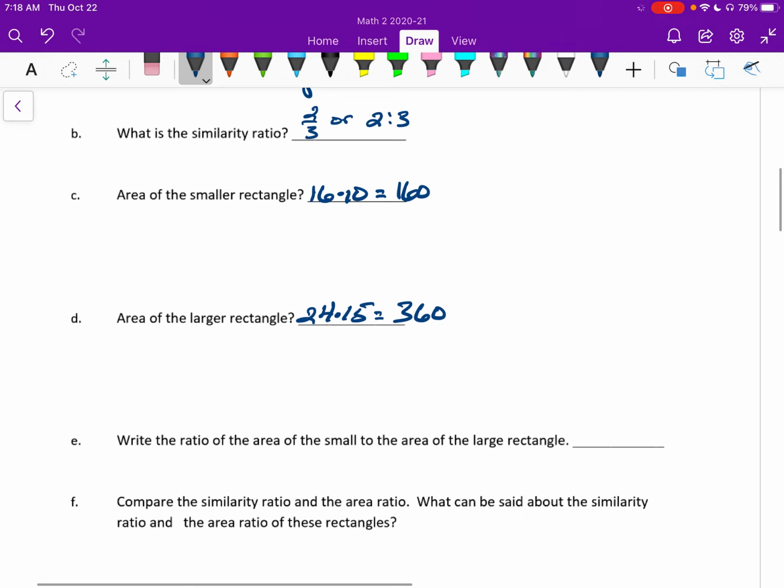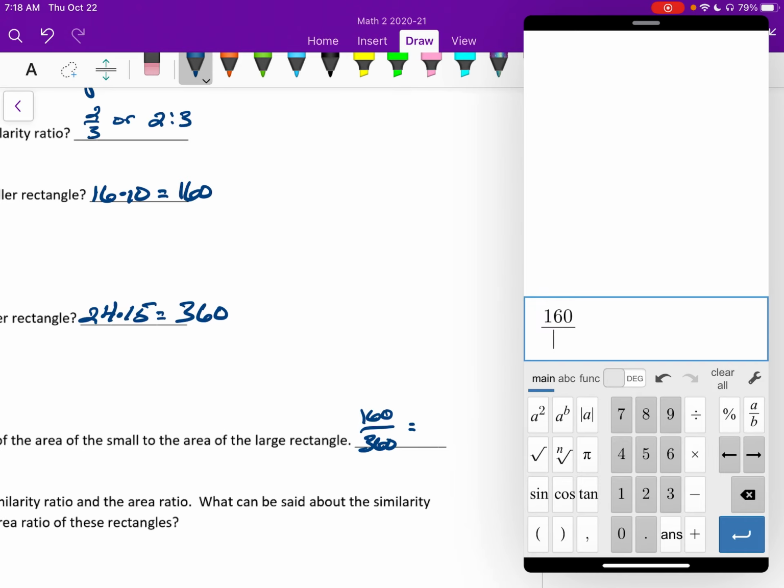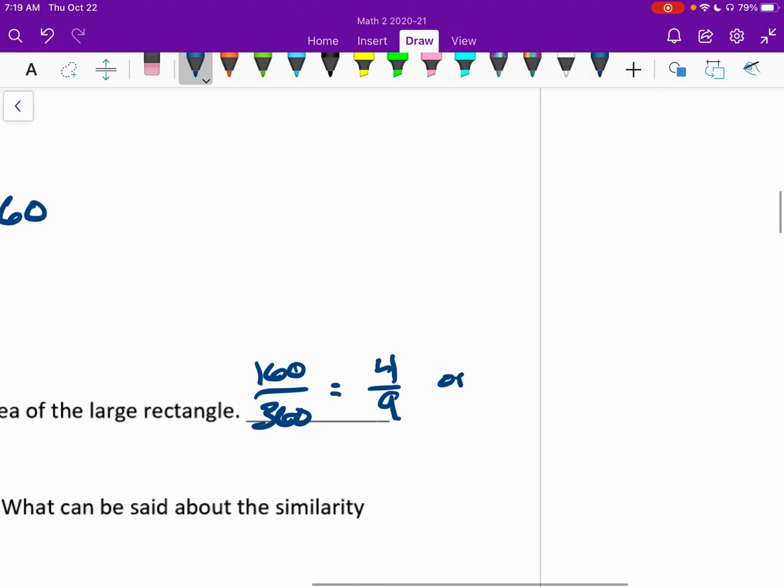It says, write the ratio of the area of the smaller to the larger. So we're looking at just the areas. That's going to be 160 over 360, which will reduce to 4 over 9, or 4 to 9.